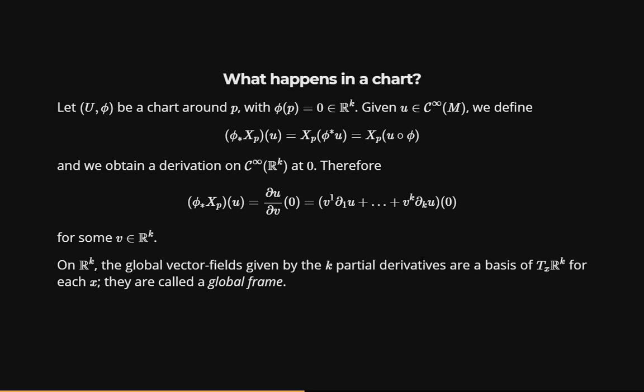So you can actually write down your tangent space in terms of them at each point. It is easy to check that phi star gives you an isomorphism between the tangent space at P and R^k, because phi was a bijection between your space and R^k.